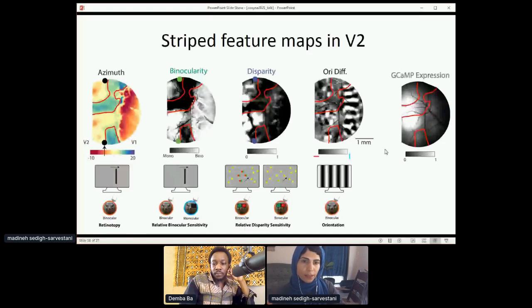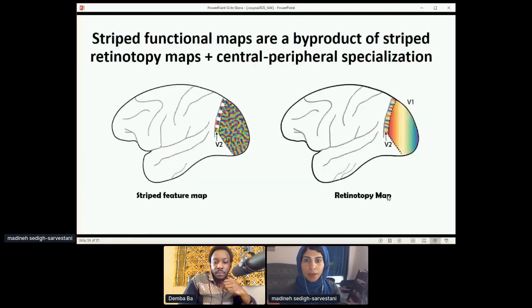We can discuss it in questions, but we think it has to do with the pattern of orientation that's elongated near the V1, V2 border. And this brings me back to the top, to the monkey. We think that the monkey V2 also has a striped retinotopic map, and that different regions of these stripes, for instance, the foveal stripes, have different feature sensitivities.